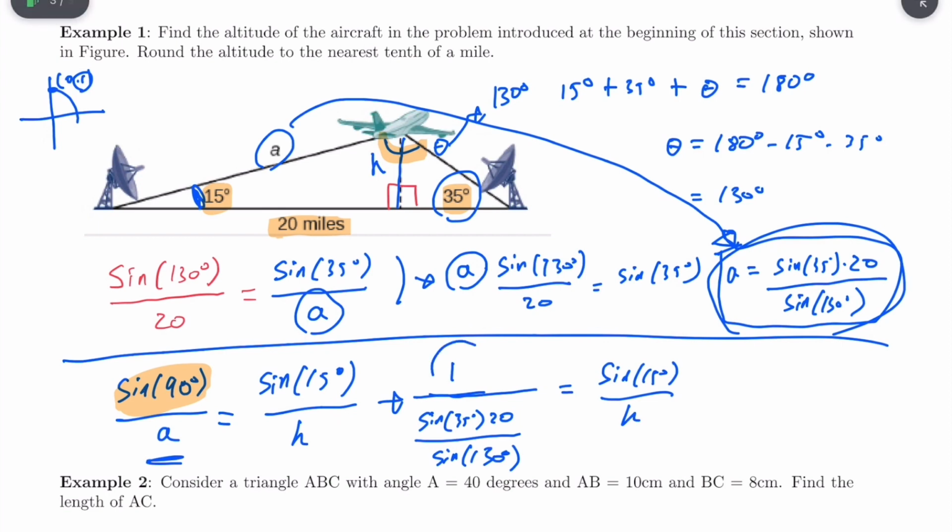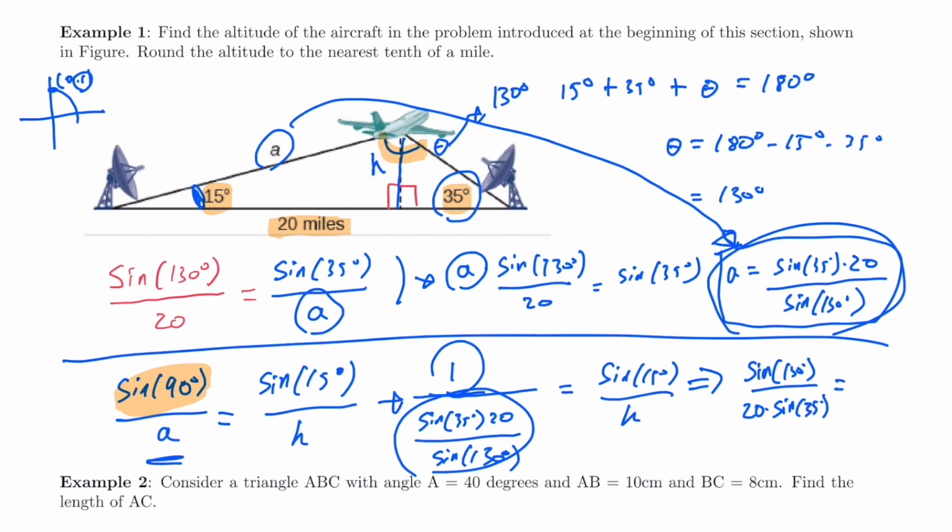So this one's 1 over fraction. I can write reciprocal. So let me read out the whole thing. I have sine of 130 degree over, let me write 20 first, 20 times sine 35 equals sine of 15 degree over h.